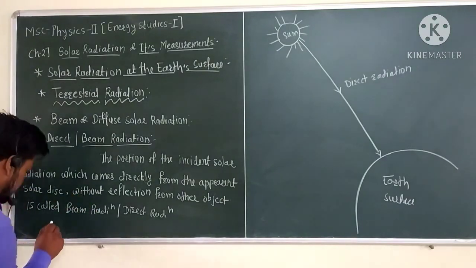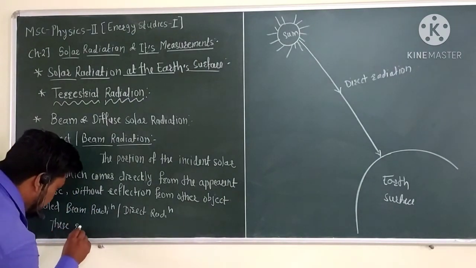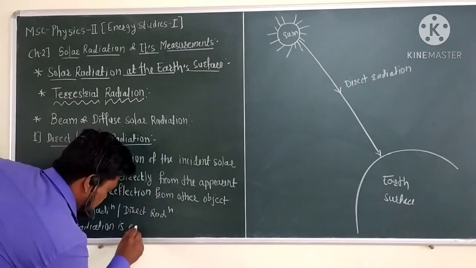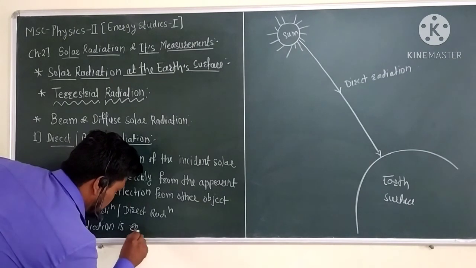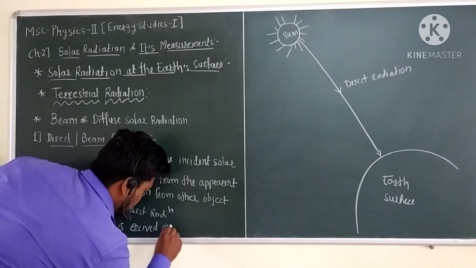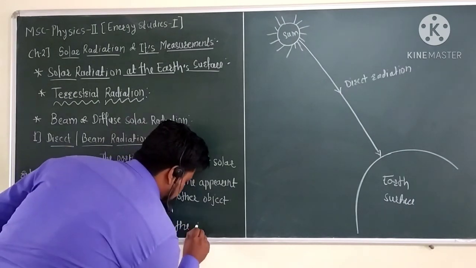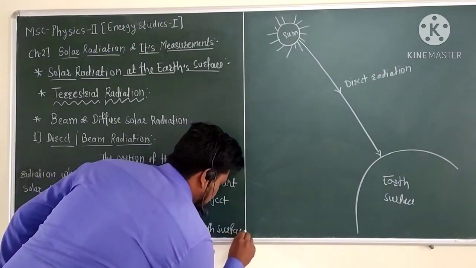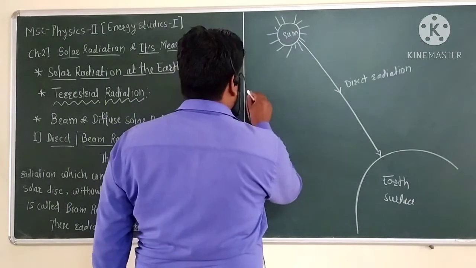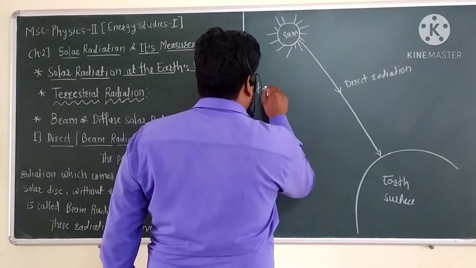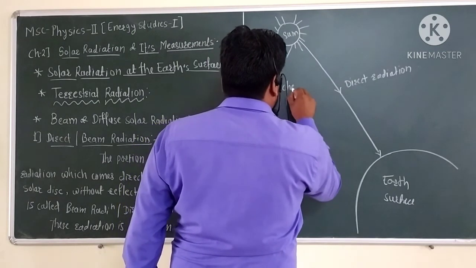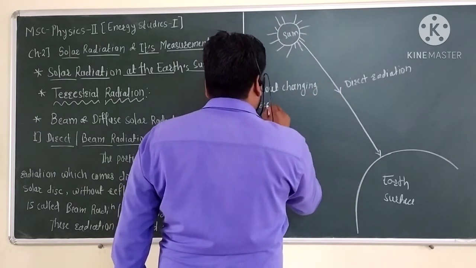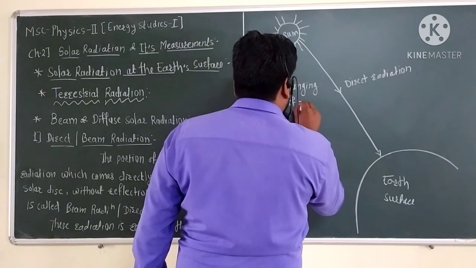So this radiation is received on the earth surface without changing direction of radiation.